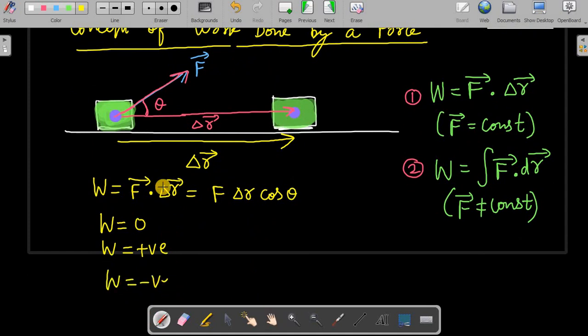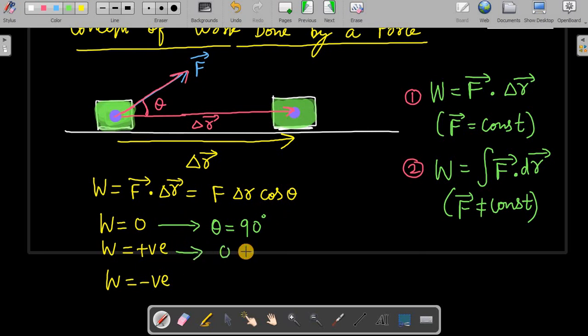Let's understand when it can be 0. Assume that there is force and there is displacement, but still, if theta is equal to 90 degrees, cos 90 is 0, so work done is 0.